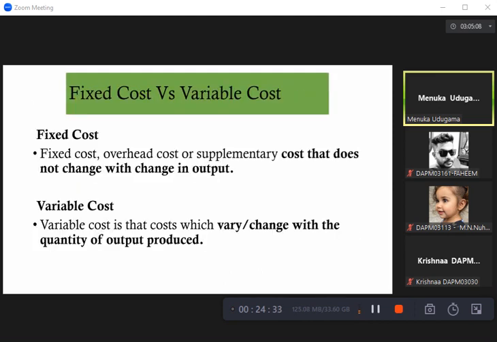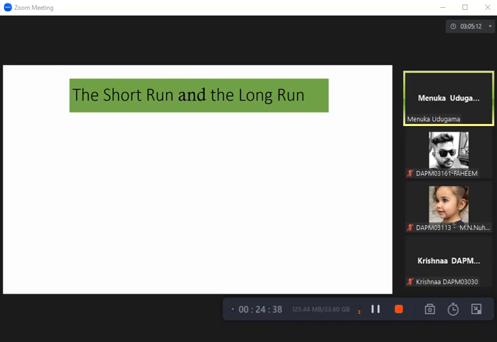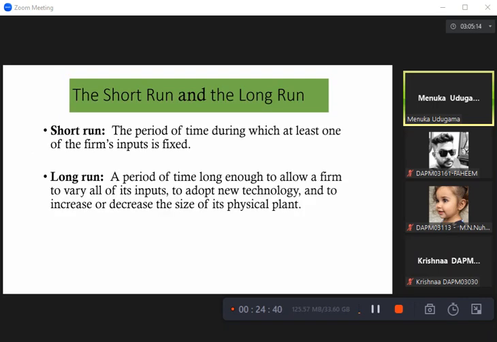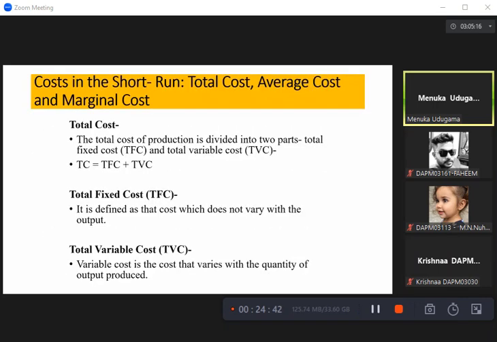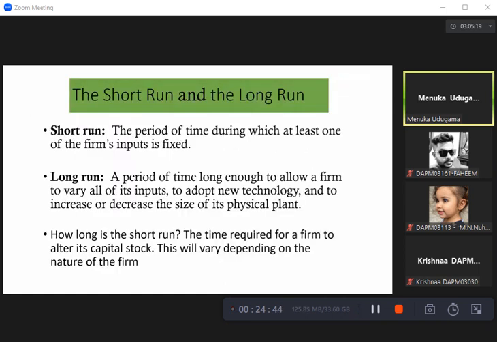So we looked at two types of costs, variable and fixed costs. And we said in the short run of a firm, you find both the fixed cost and the variable cost. Variable cost will vary with the output.